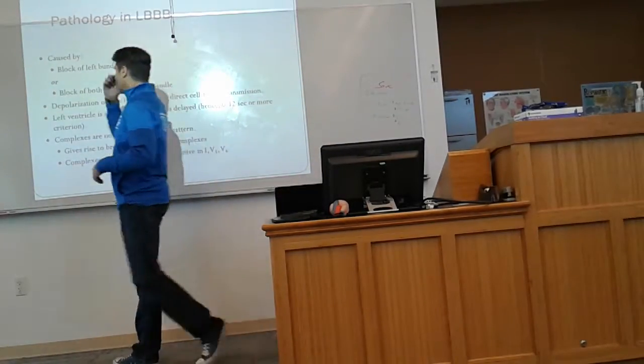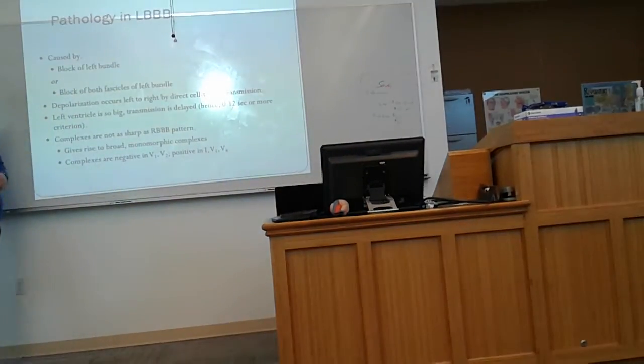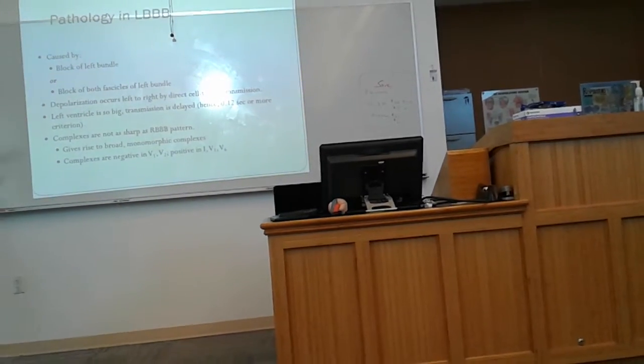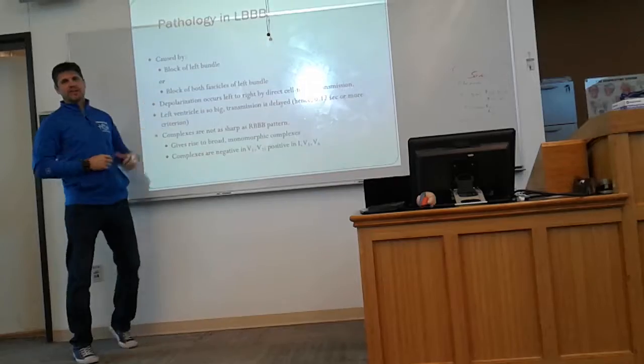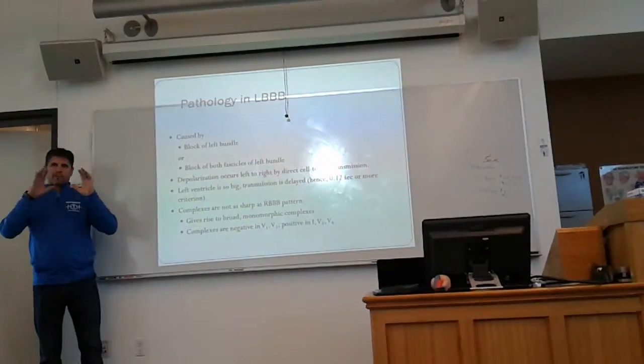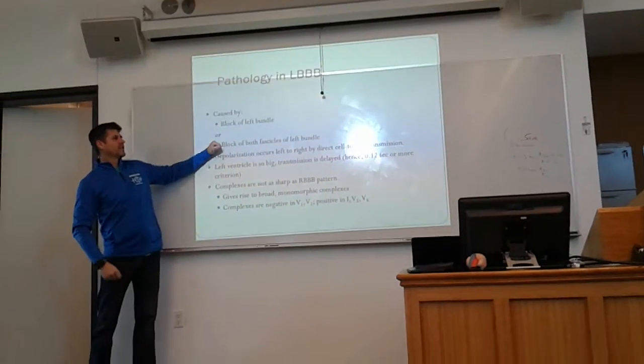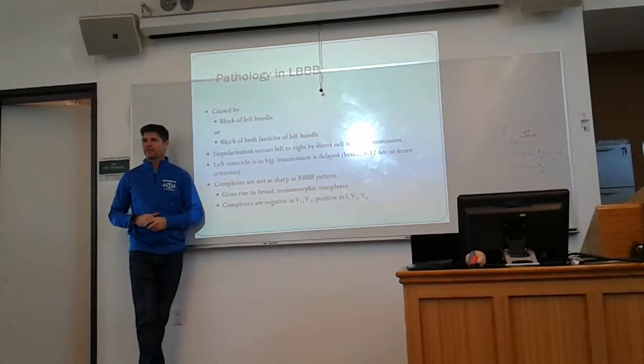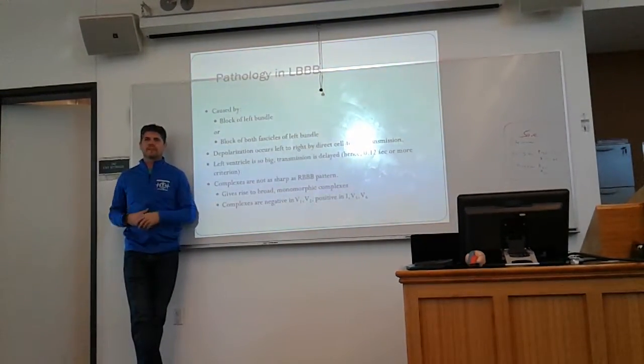You can get a left bundle branch block in one of two ways. It doesn't really matter other than just knowing that this happens. We can have a block of the bundle itself. The bundle itself gets blocked. Or if, by whatever chance, both the anterior and posterior fascicles are blocked, then it results in the same thing. Does that make sense?